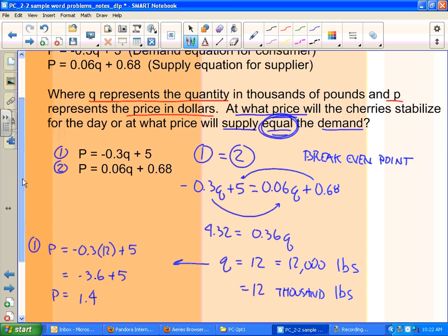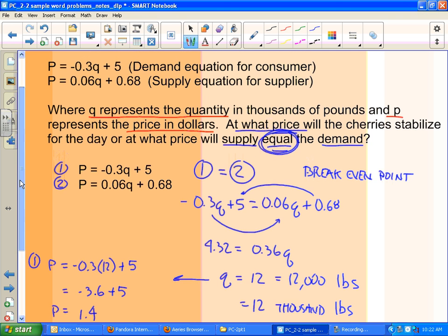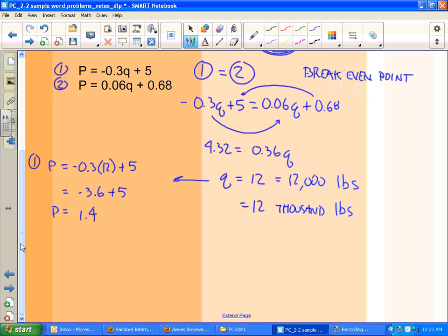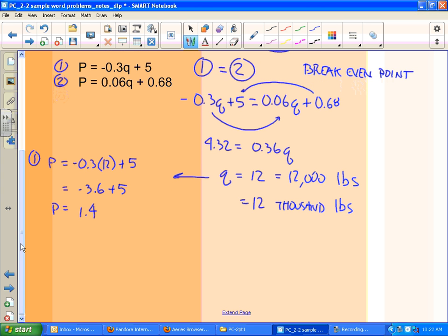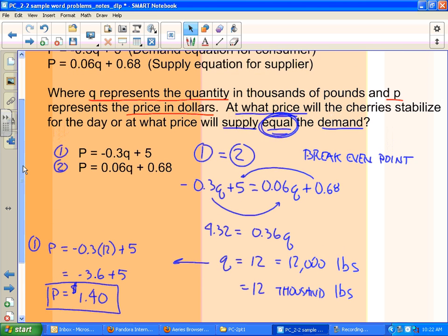Now let's go look at what P is. P is our price, dollars. Okay, but here's the question. Is that dollar per what?